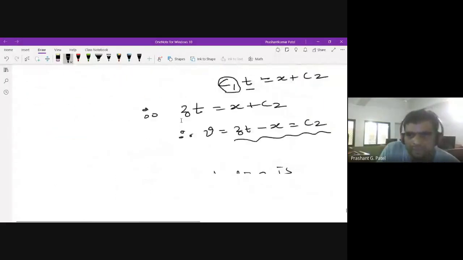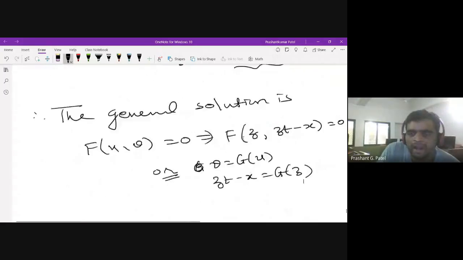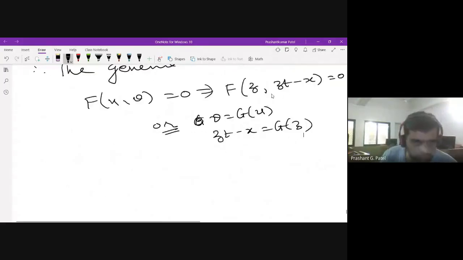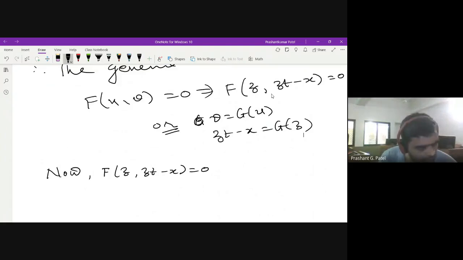That means here, this is the solution, that is F of z, zt minus x equal to 0 is the solution. So we need to calculate what is zt and what is zx.